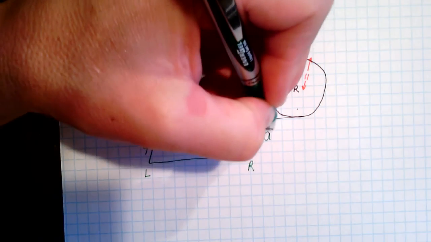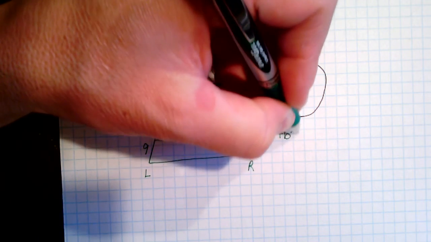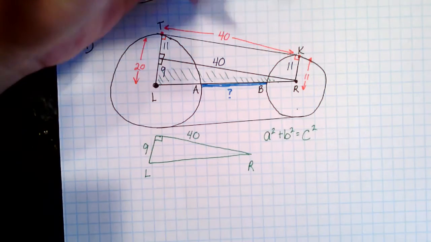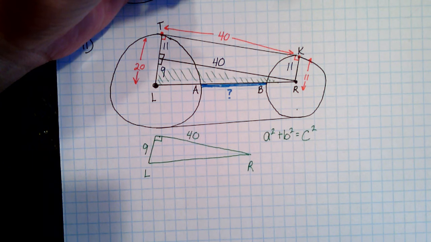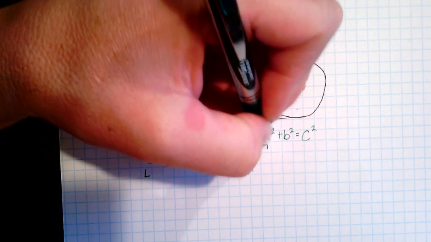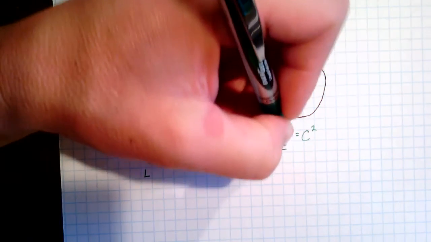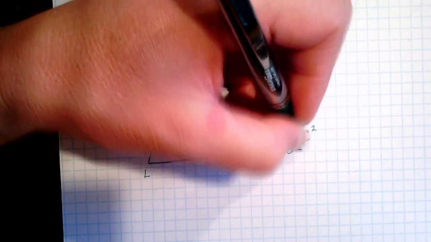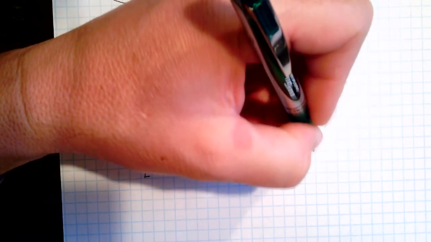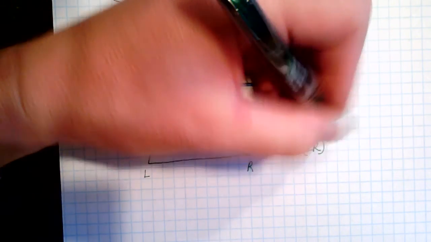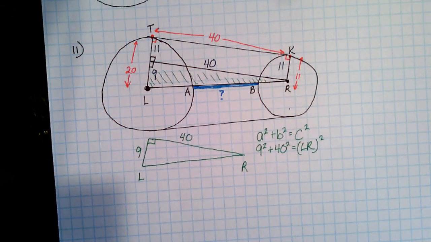So if I use the Pythagorean theorem, a squared plus b squared equals c squared. Substitute what I know. So this is 9 squared plus 40 squared is equal to whatever the distance between L and R is squared.